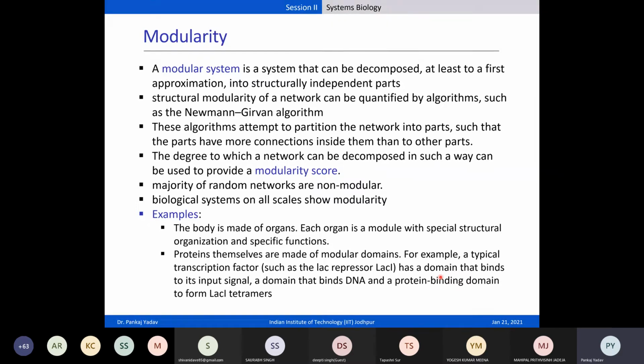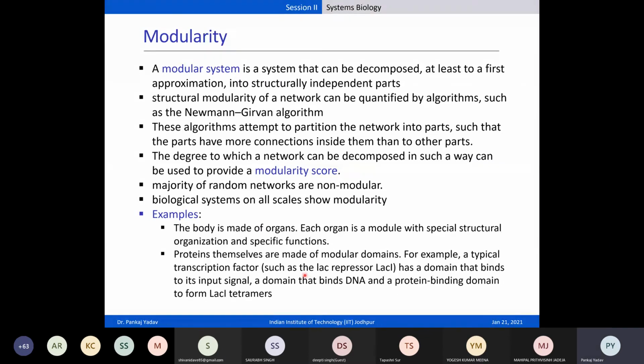For example, one subset of amino acids, called a domain, can bind to another protein or another molecule, and another domain can have another function.